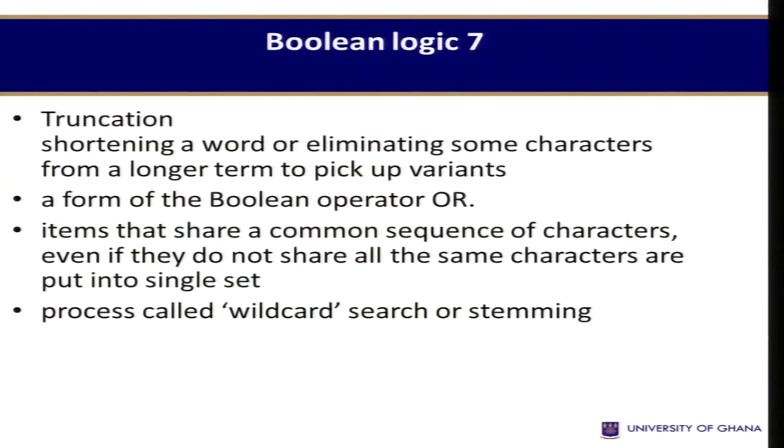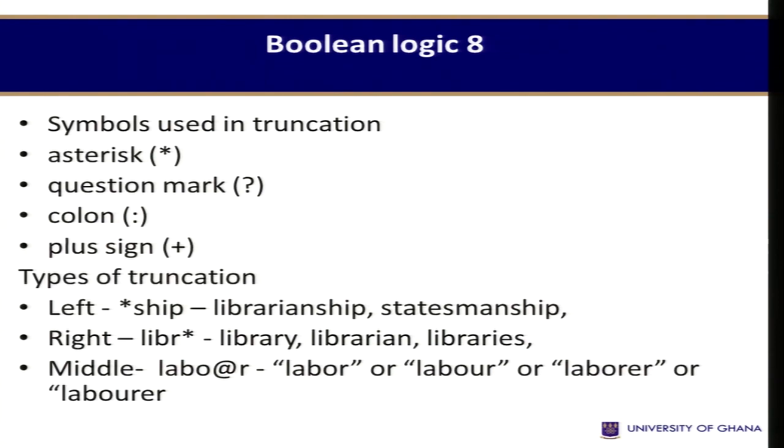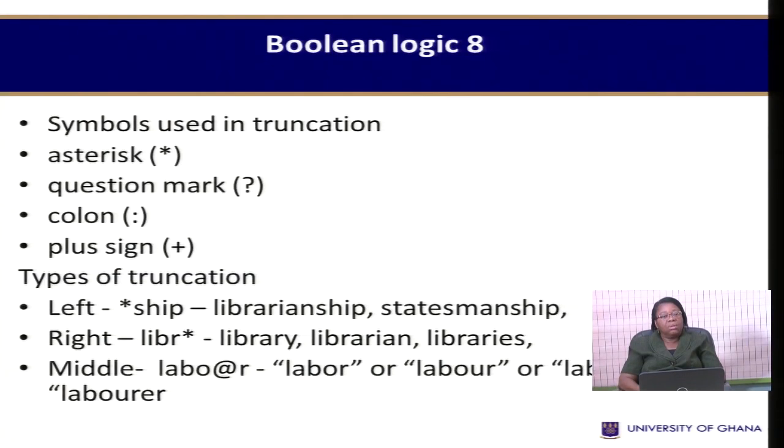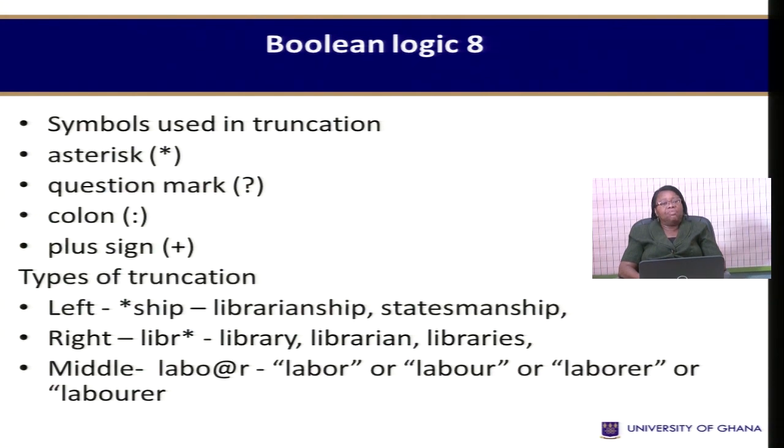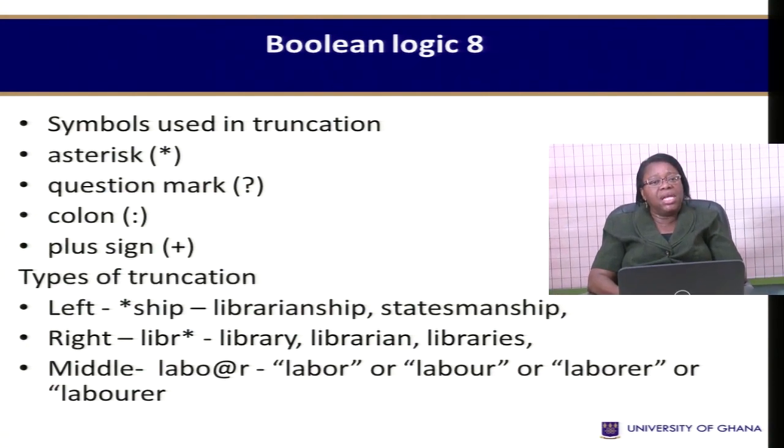Usually you have the stem of a word and you use a symbol to represent the truncation, and it can bring out the different variants of the word. Some symbols used in truncation include asterisks, question marks, the colon, or even the plus sign. And this actually depends on the particular search engine that you are using.